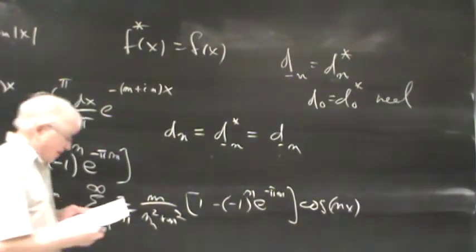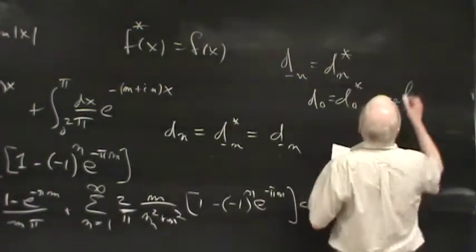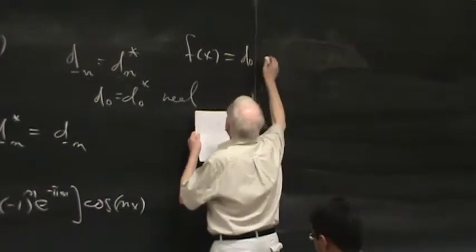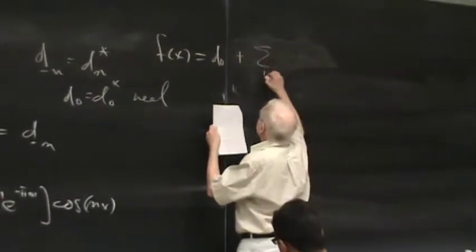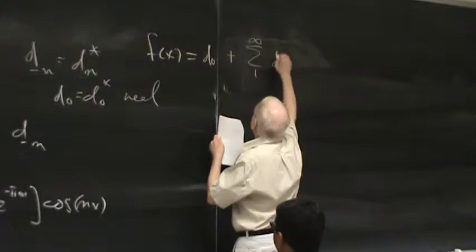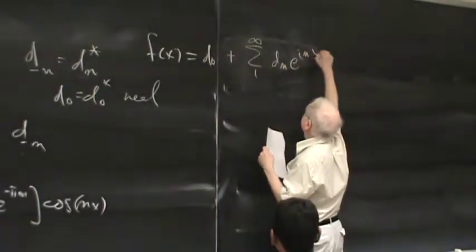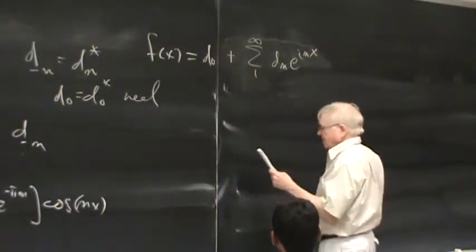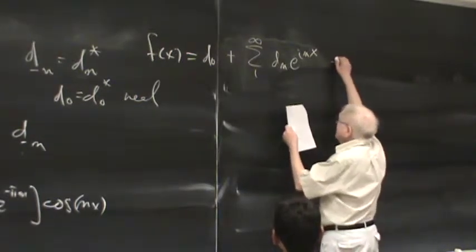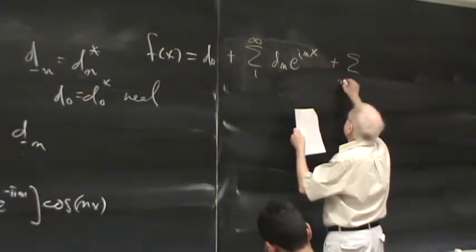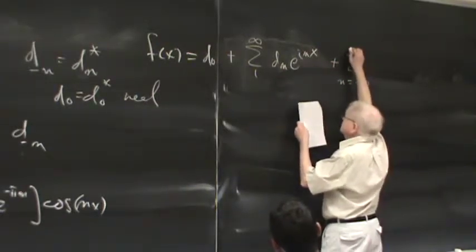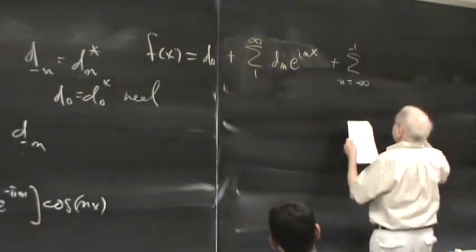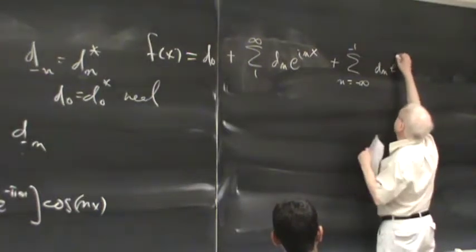But when we put them together and get our function f of x, what we get is d0 plus a sum from 1 to infinity of dn e to the i n x. I'm leaving out the two pi's in the expansion, and they'll occur in the inverse formulas. And then we'll have a sum n equals minus infinity to minus 1, because we did d0 over here, n equals 0 over there. And this would be dn e to the i n x.